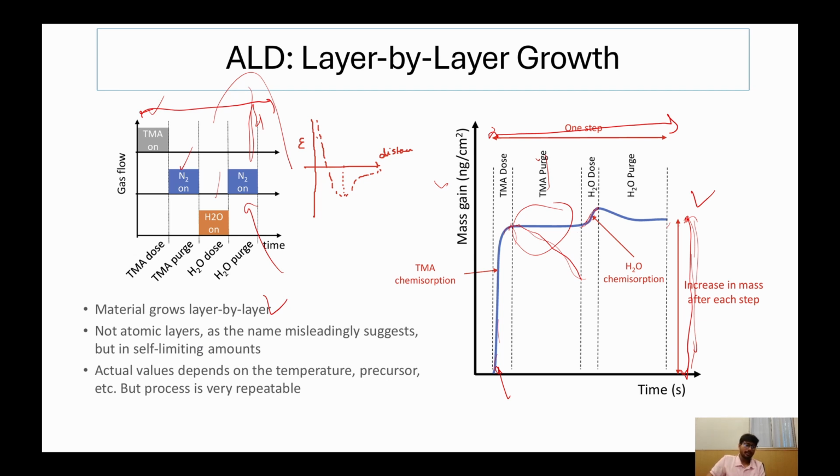The actual values depend on the growth rate, so on the temperature, precursor, etc. But the process is very repeatable, so you can really very easily control it. You can make this in any lab.